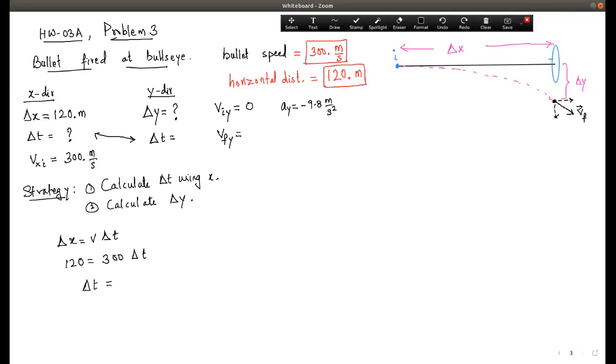So that's 4 over 10, so that's 0.40 seconds. I write the 0 at the end so that we have two significant digits.